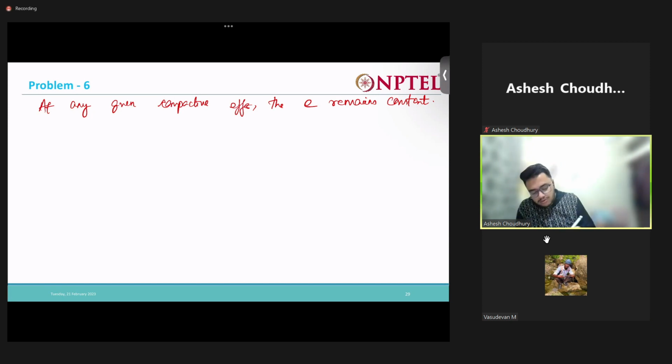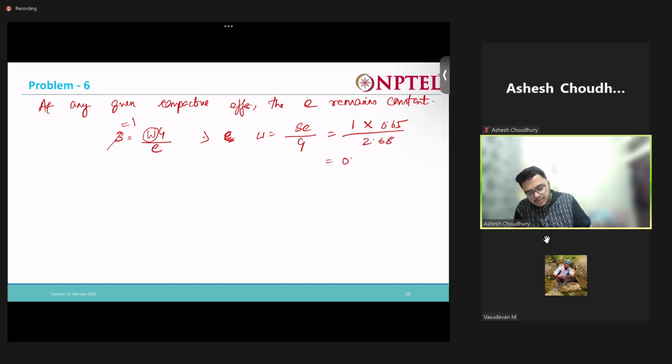So now we know that S e equals wG, we know this relation, right? Now for full saturation, when S is equal to 1, we can find the water content. So w is equal to S e by G, that is 1 for full saturation into e, which we already found, 0.65, by 2.68. This comes out to 0.242 or 24.2%.